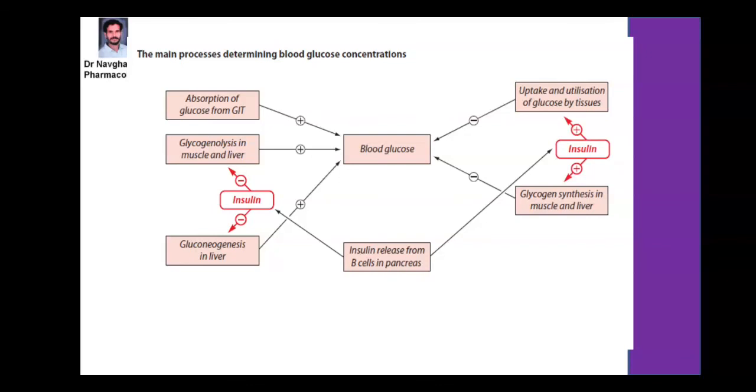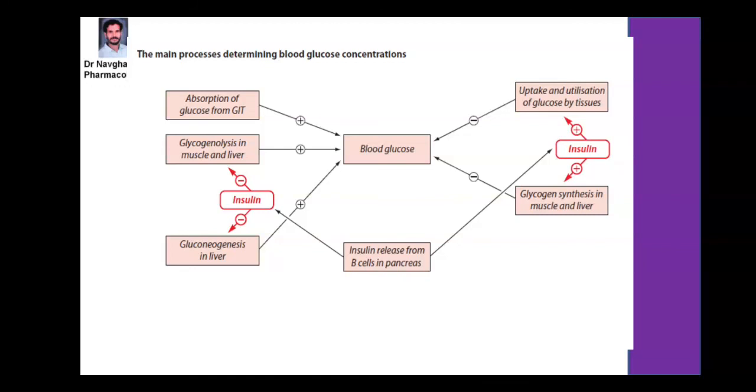So blood glucose can be reduced by acting on certain sites. Insulin acts on different sites. Some have a positive sign, some have a negative sign.